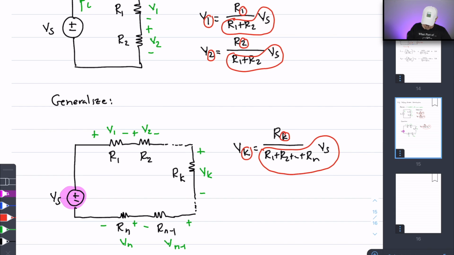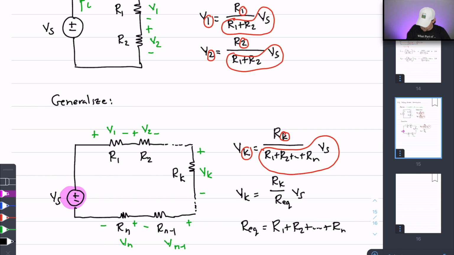Now, this formula can also be rewritten in a form that's a little bit more compact. We can say that V sub k is equal to R sub k divided by the equivalent resistance of the series sum of those resistors times V sub s, where our equivalent resistance is, again, the series sum of all of the resistors contained within our network.